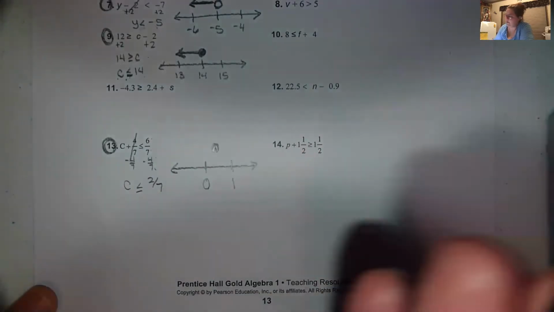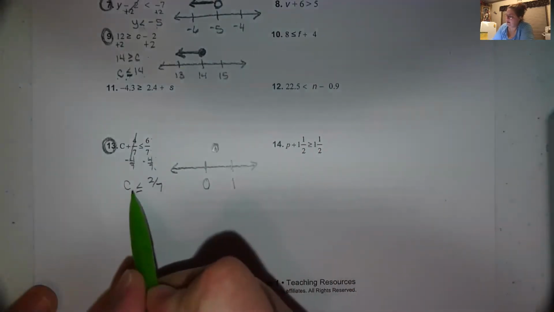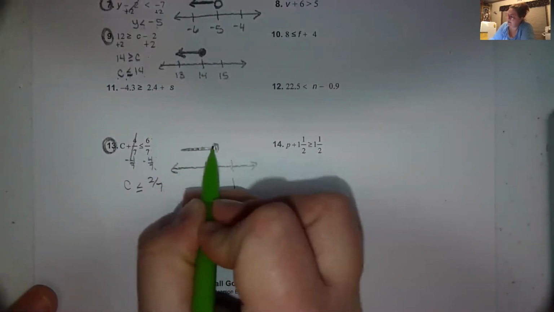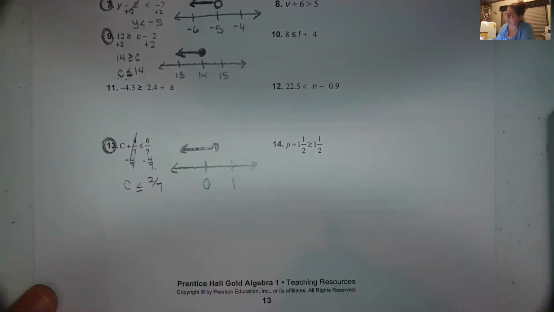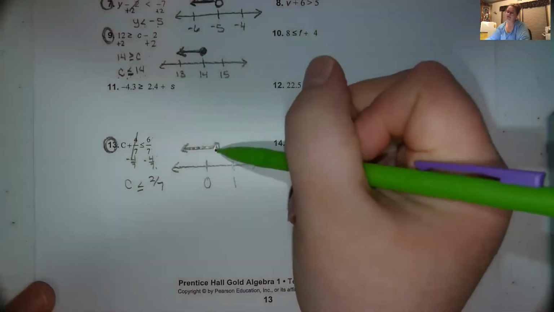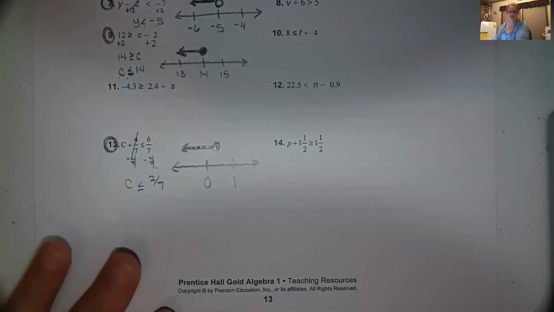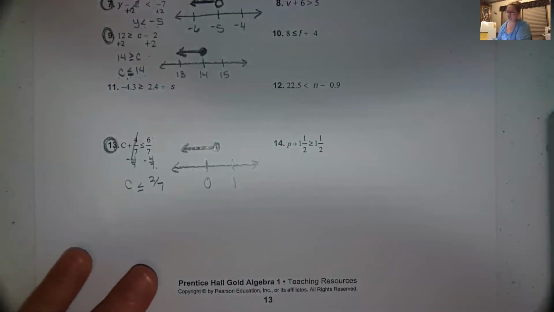I'm not going to put any more numbers on there. Okay, and it says that it's less than or equal to, so it's less than to the left. Okay, so I put it a little bit closer to the 0, not quite halfway because half would be 3.5 out of 7. Okay, but we only have 2.